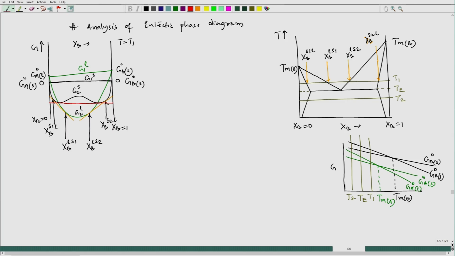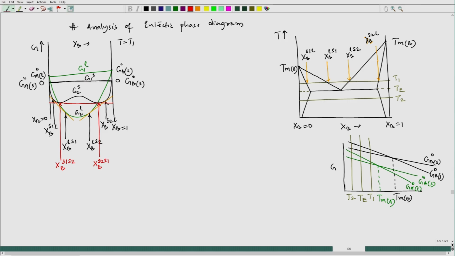So, now here I have this composition and this one, which is XB of S1 in equilibrium with S2, the composition of S1 phase in equilibrium with S2, and this one is the composition of S2 in equilibrium with S1.